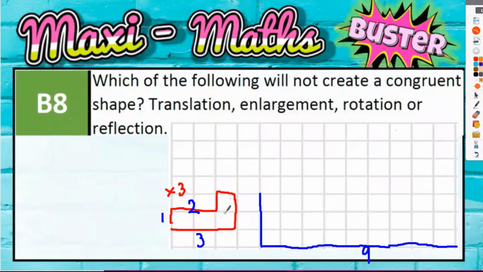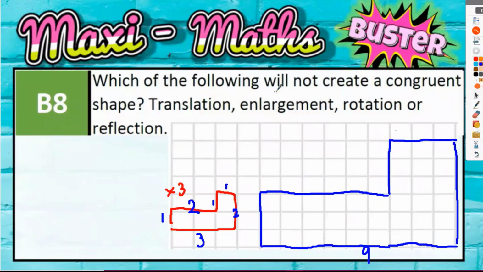This side is 2, 3 times 2 is 6, so we come in 6 squares, up 1, so triple that is 3, so you go up 3, in 1, triple the 1, it becomes 3 again, and down 2, triple 2 is 6, so that's why it's down 6. You get to that's the beginning. So as you can see, that is not exactly the same shape. A congruent shape, so that is not congruent.